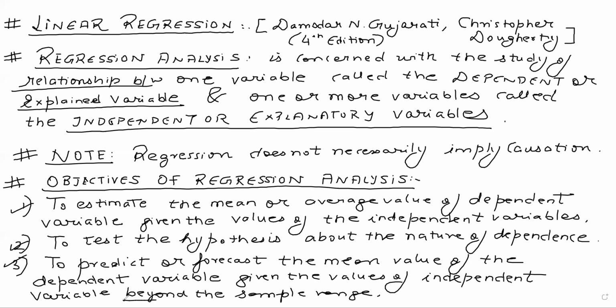Beyond the sample range means what? It means we would want to extrapolate or predict the values of the dependent variable in the future, beyond the sample which we have taken. So I hope all students are convinced as to why regression analysis is the core of econometrics.